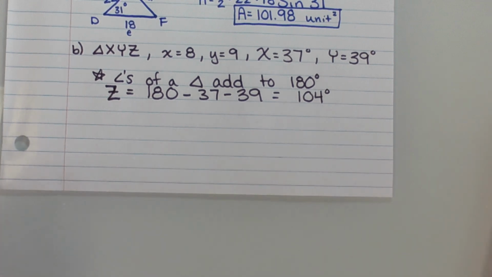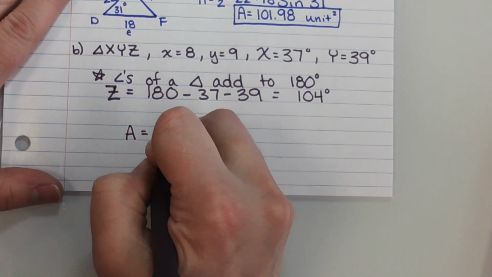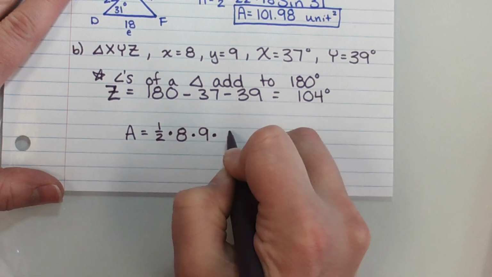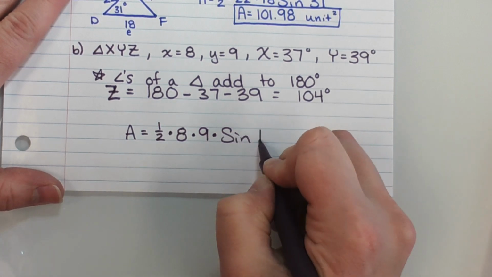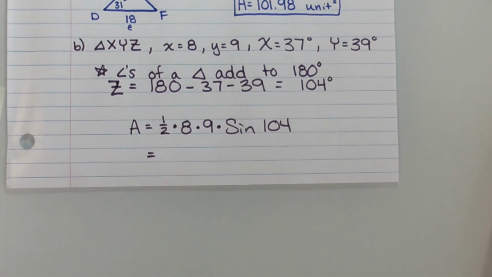Now do I have two sides and the angle between? Yeah. Area equals 1/2 times side length times sine of angle between. What do you get?